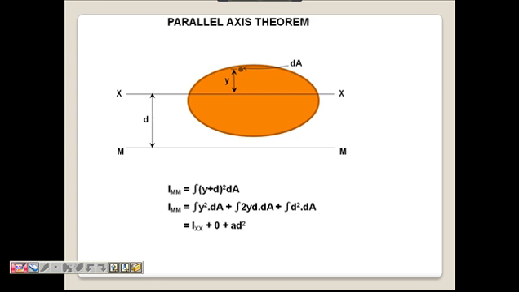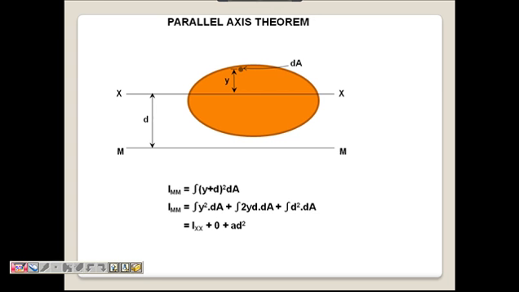Now, you are well equipped with these two, that is the standard formulas and the parallel axis theorem, to solve any problem on planar moment of inertia. That part will continue in lecture 2 and lecture 3 on this topic.